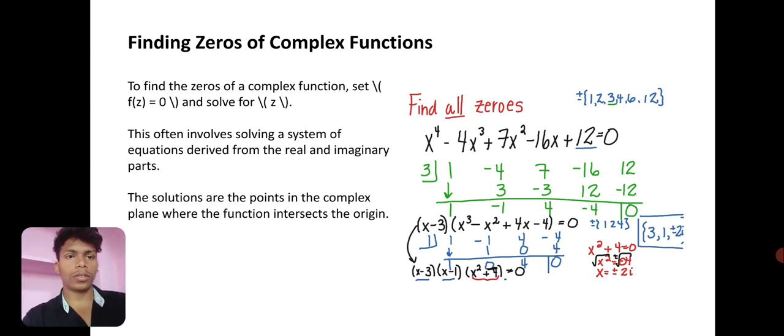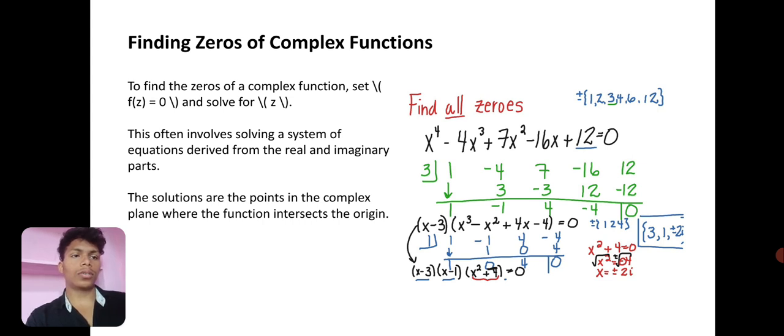Finding zeros of complex functions. To find the zeros of a complex function, set f(z) = 0 and solve for z. This method involves solving a system of equations derived from the real and imaginary parts.